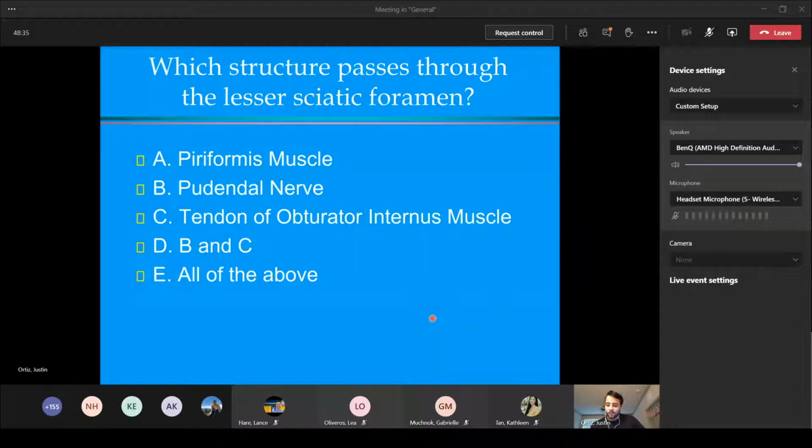All right, so it is going to be, yes, B and C.